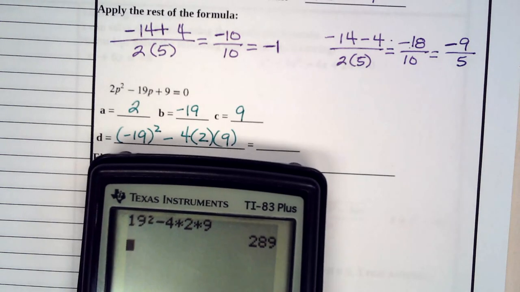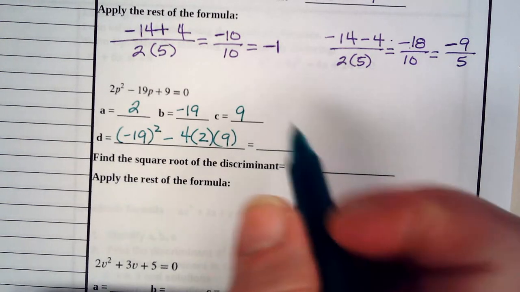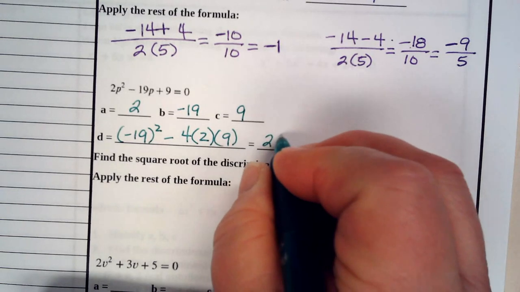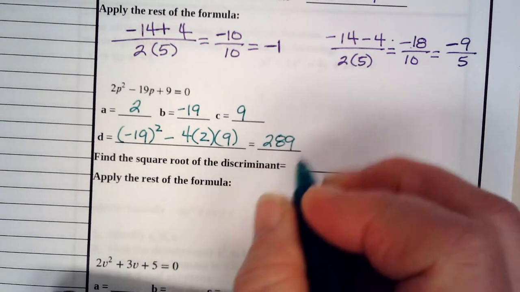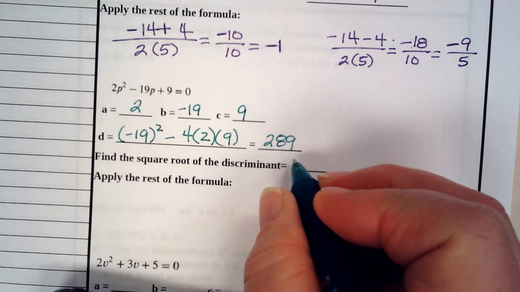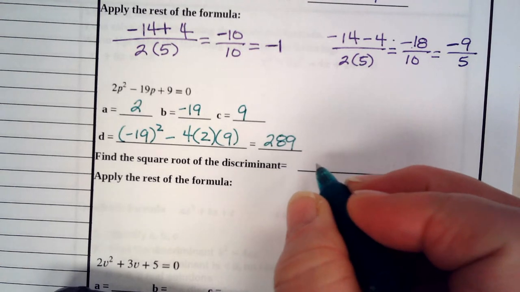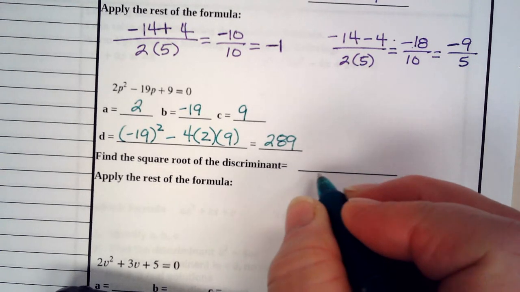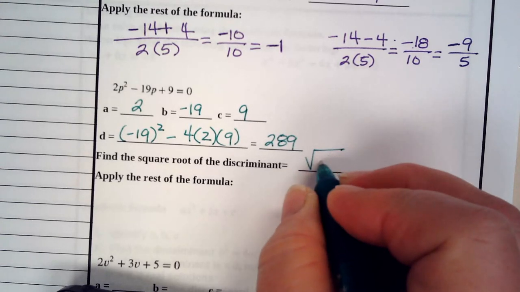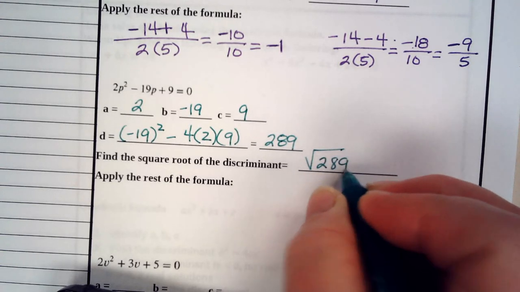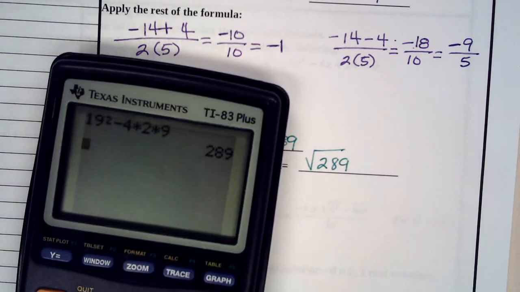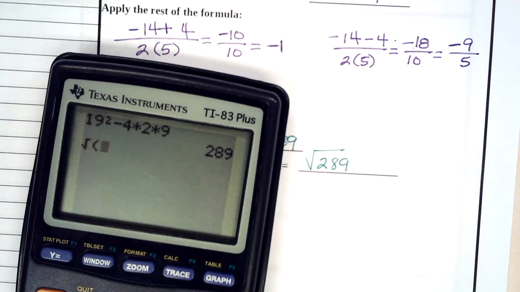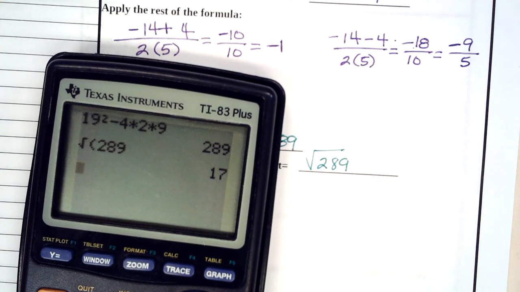And I get 289. That's definitely bigger than 0, so I know I've got two real answers. So the square root of 289 is 17.